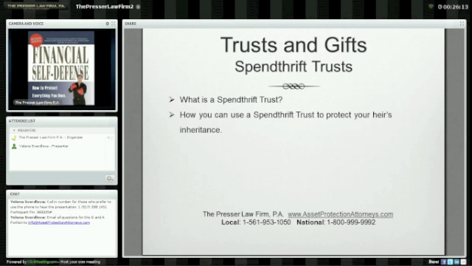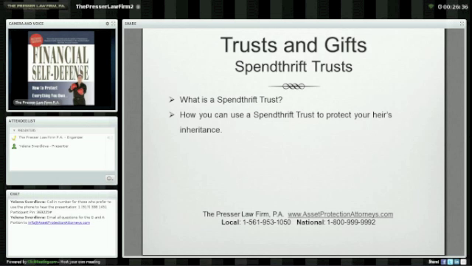That language has no spendthrift language. At age 25, the son gets all of the money in the trust. Well, what if at that point, the son is being sued for a car accident? You wouldn't want him to get the money in the trust. What if at that point, the son had some sort of alcohol or drug problem? You wouldn't want them to get the assets at that point.